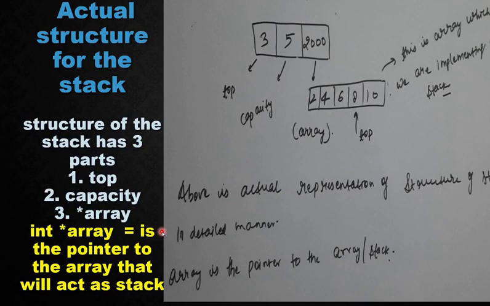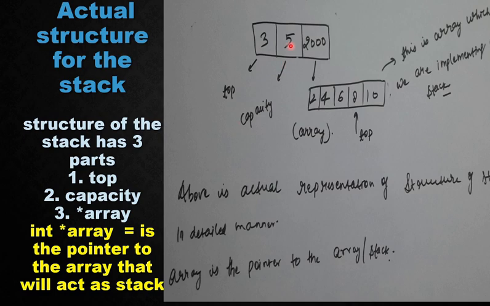If we define a structure of the stack, then this structure will have three parts. First will be top, second will be capacity, and third will be the pointer to the array. You can see this top value is 3. That means it is saying that, look, I am pointing to the index 3, right?